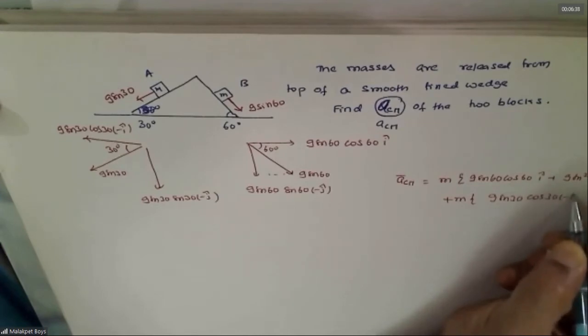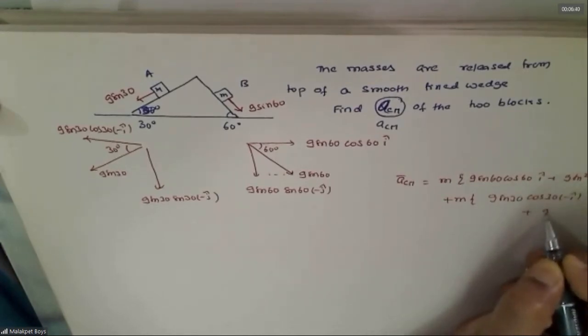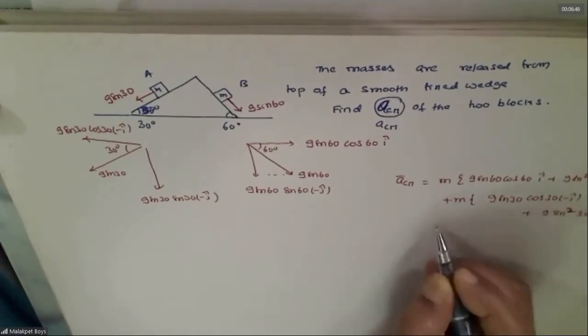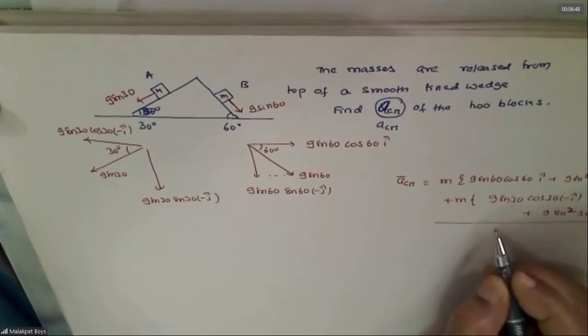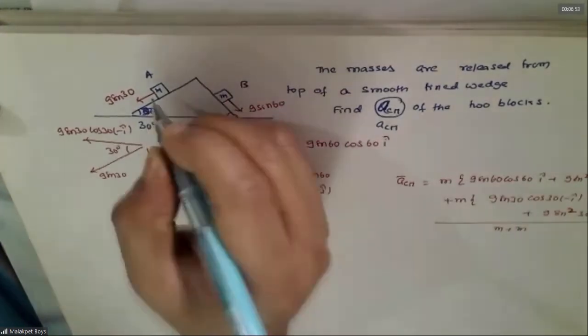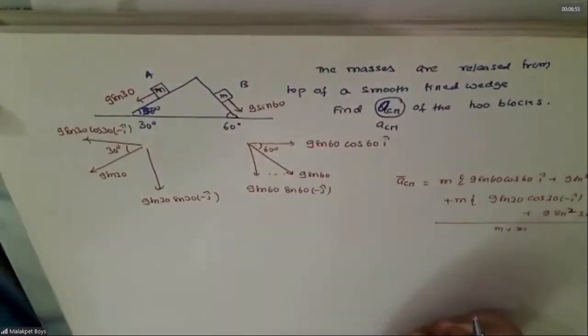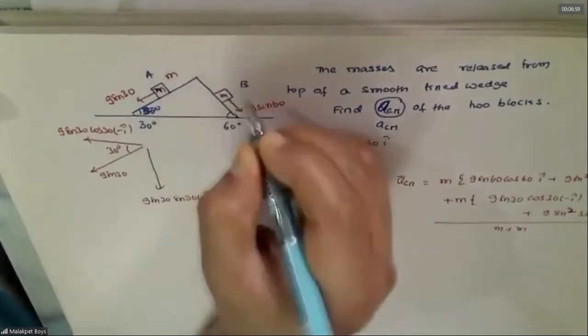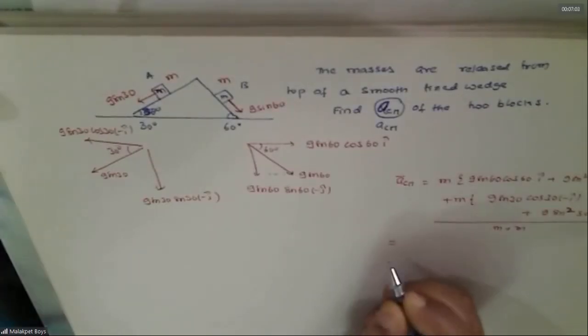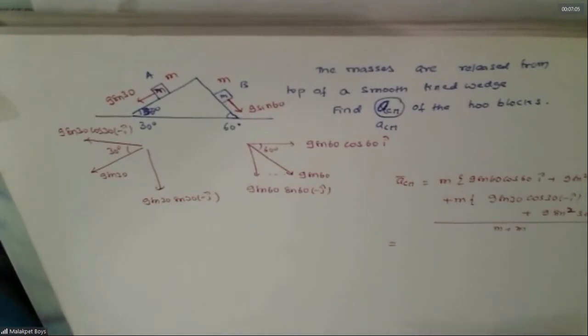Capital M for the second one, just capital M into g. Both are identical masses. Simplify this fast.